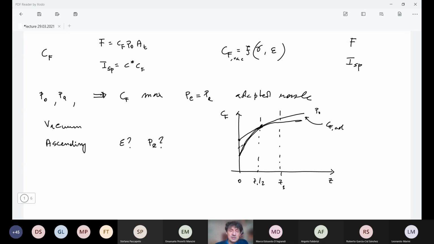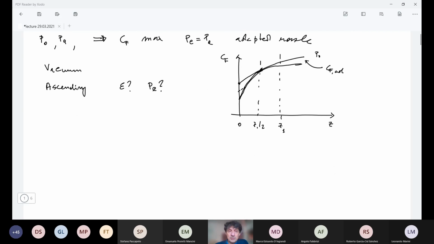And here comes the point I would like to mention today, or to recall today. So we have two possible applications. One is first stage or booster, typically working a couple of minutes and always within the atmosphere. That is, even if with decreasing ambient pressure, let's say we don't reach vacuum condition.